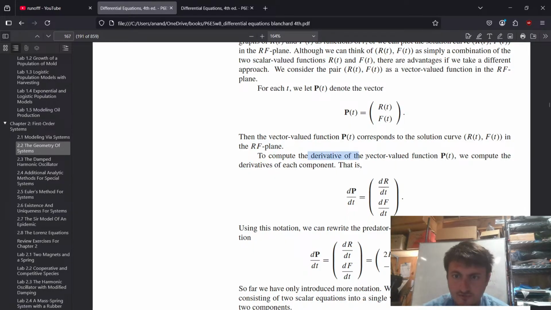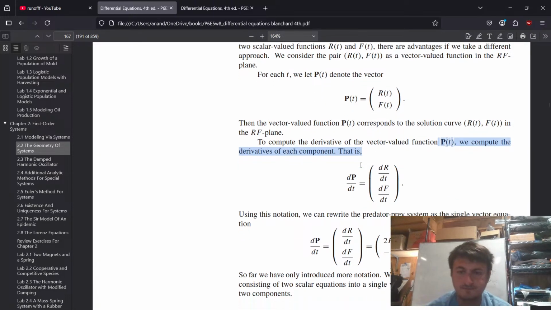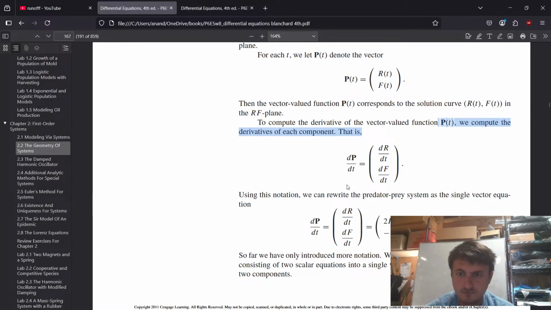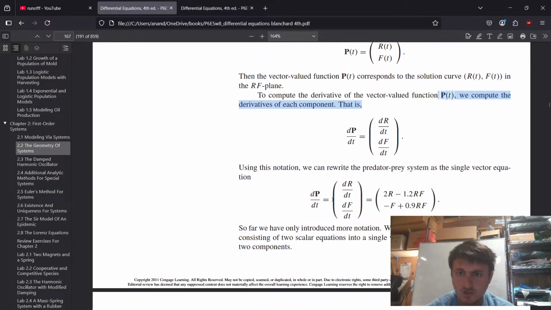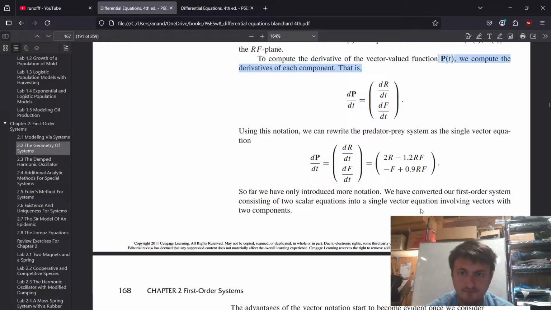To compute the derivative of the vector valued function P of t, we compute derivatives of each component. Okay, this is just rewriting the system.